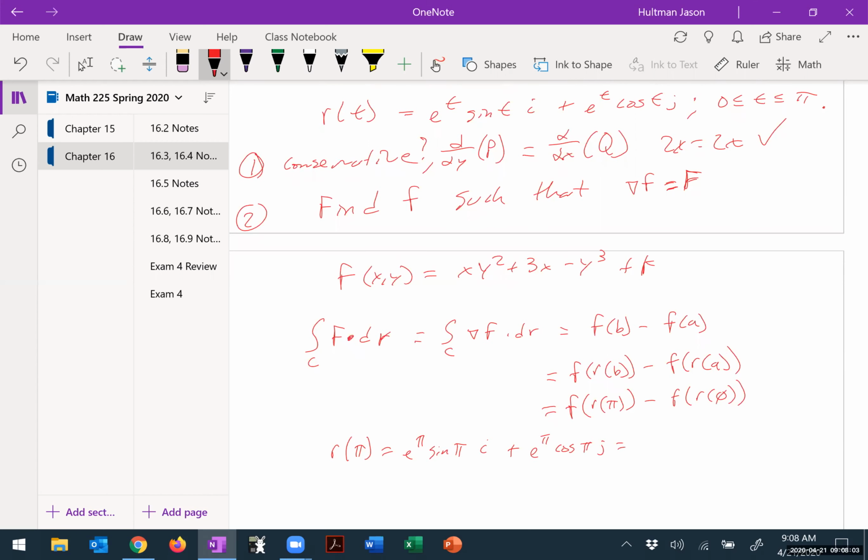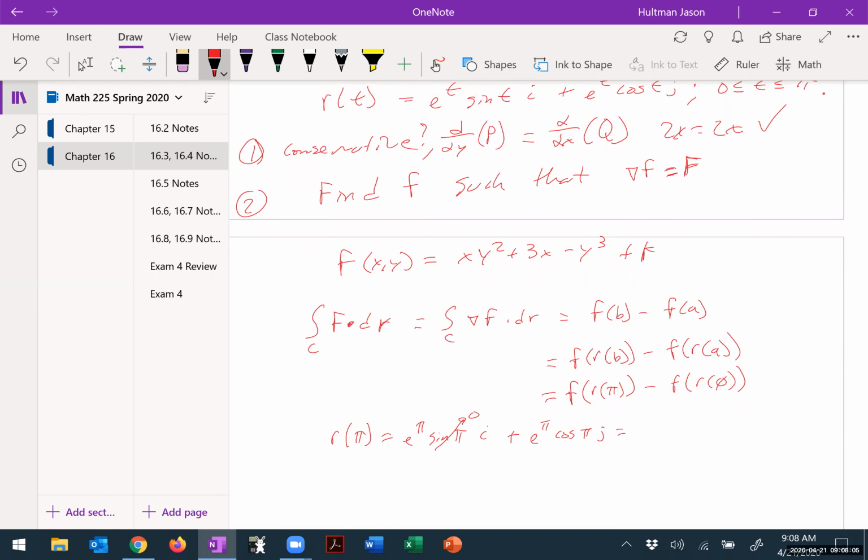Evaluating this, sine pi goes to 0, cosine pi goes to negative 1. So I'm left with negative e to the pi. I'm going to write this as a vector in component form: 0, negative e to the pi.